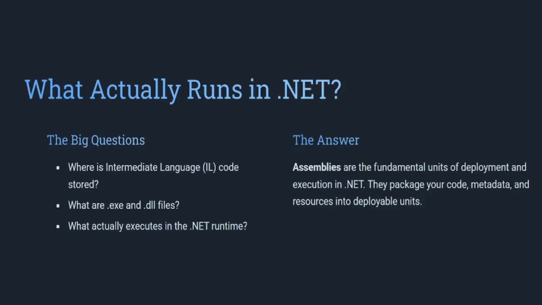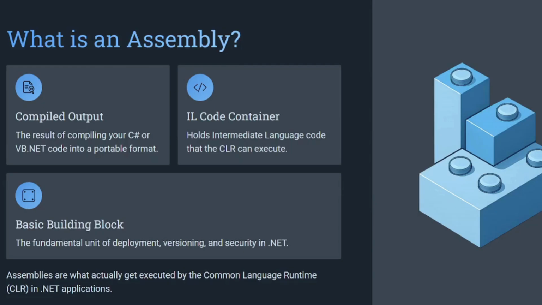Now, let's understand what exactly an assembly is. We just saw that when we build our project, everything gets packaged into an assembly, right? But what does it actually include? An assembly is basically the compiled output of your code. But along with that, it also contains all the information required for execution.